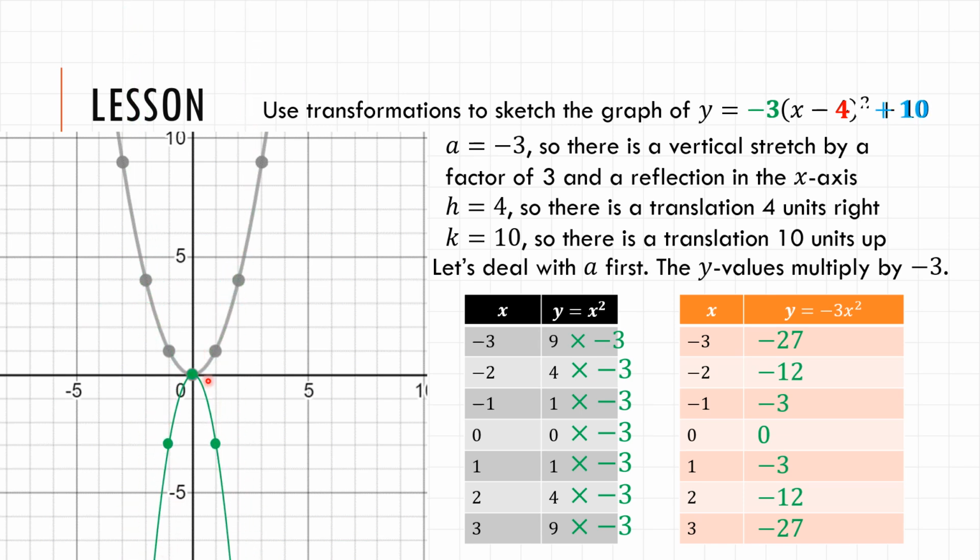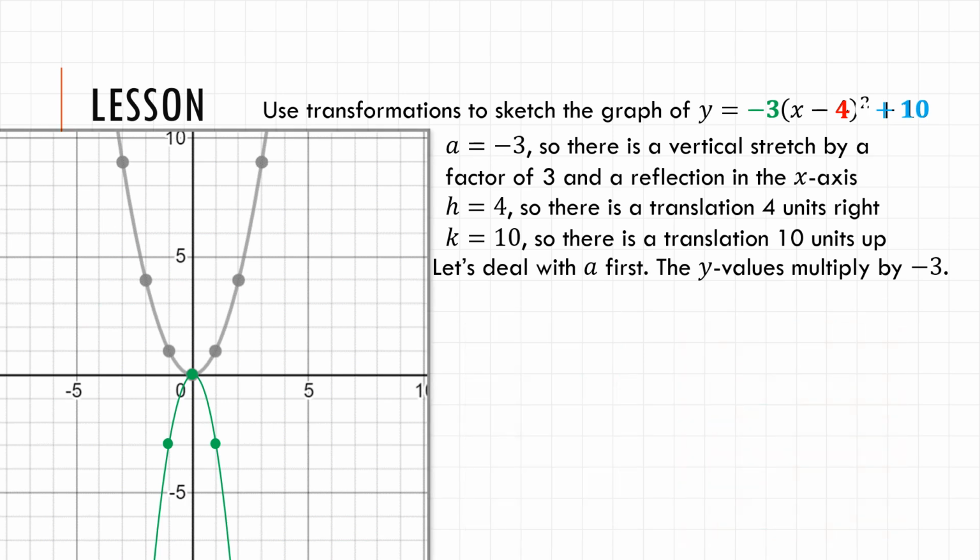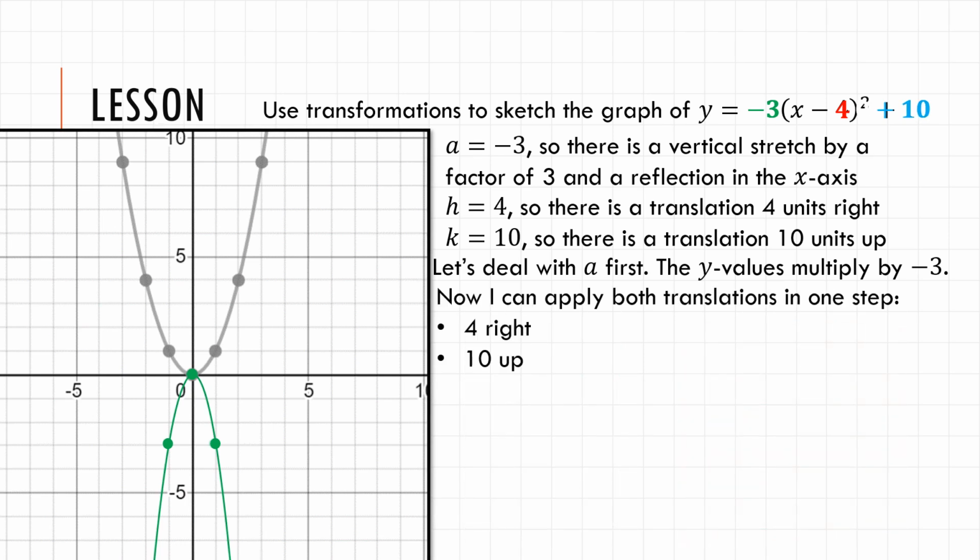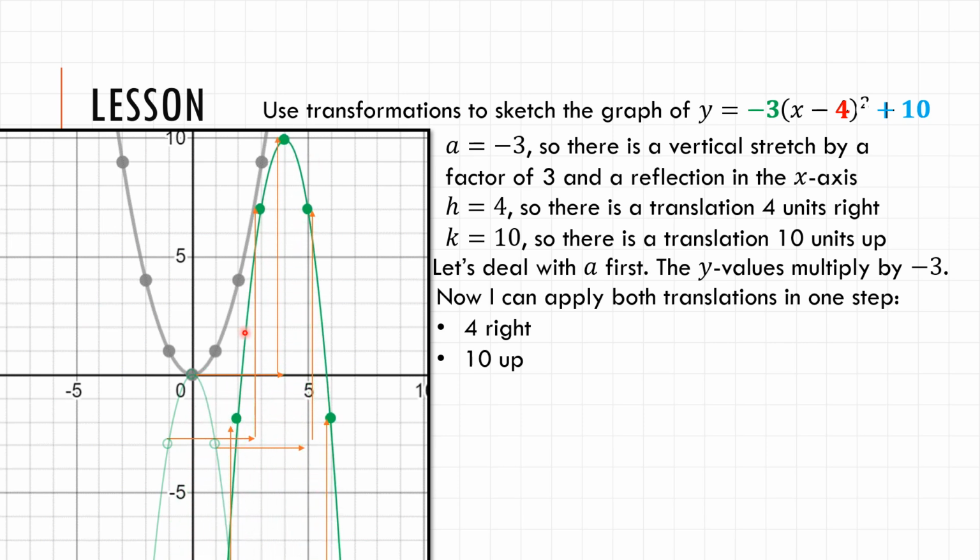So I'll first sketch out my quadratic with only a applied. And then I'll just look at every single point, and I'll apply h and k at the same time. So every point will go 4 units to the right, 10 units up.